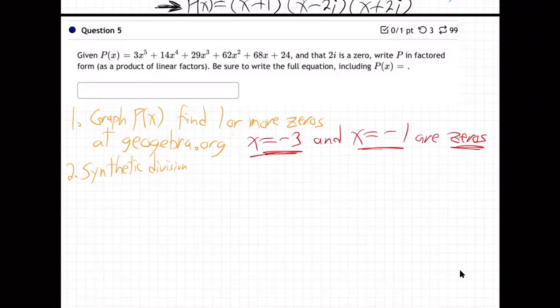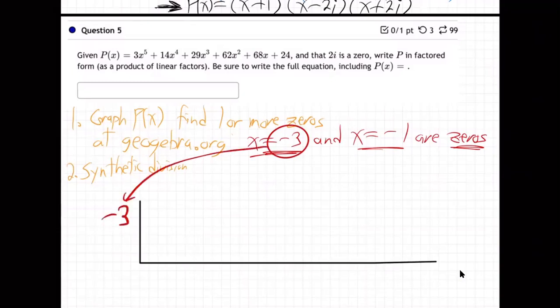So write it over here. Whoops, mess that up. Okay, I probably didn't make that long enough. You can start with the -3 or the -1, it doesn't matter. I'll just grab the -3, whatever. You could start with the -1, it doesn't matter at all. Just start with one of those 2. Okay, and you might be wondering, what about the 2i?